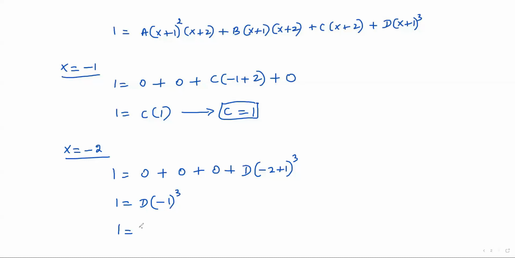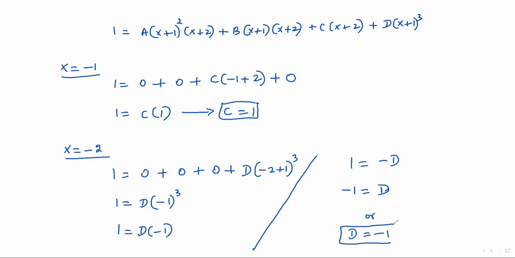So 1 is equal to D times -1, which is -D. I need the value of D, but here I have -D. So to get rid of this negative sign, I multiply both sides by -1. I get -1 is equal to D, or D is equal to -1. So I got the values of C and D. C is equal to 1 and D is equal to -1.